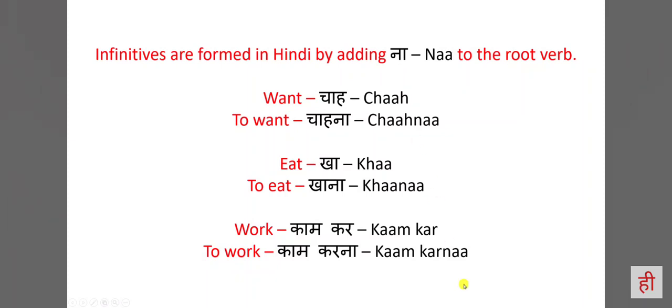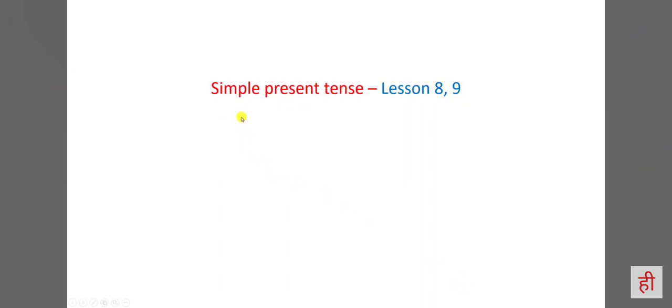Now, we had learned to frame simple present tense sentences in lessons number 8 and 9. In this video too, we will be framing simple present tense sentences, but the main verb will be want, which is chah in Hindi.